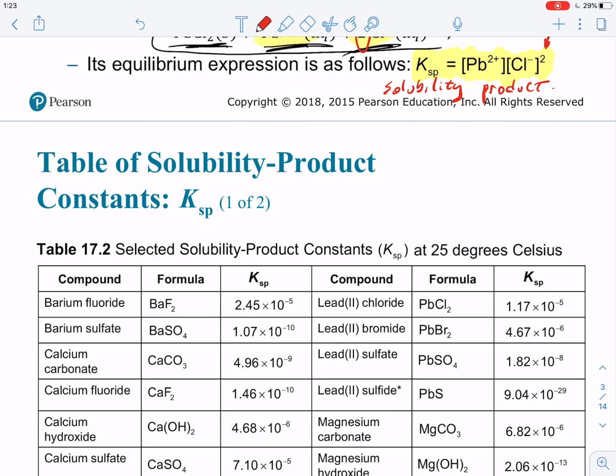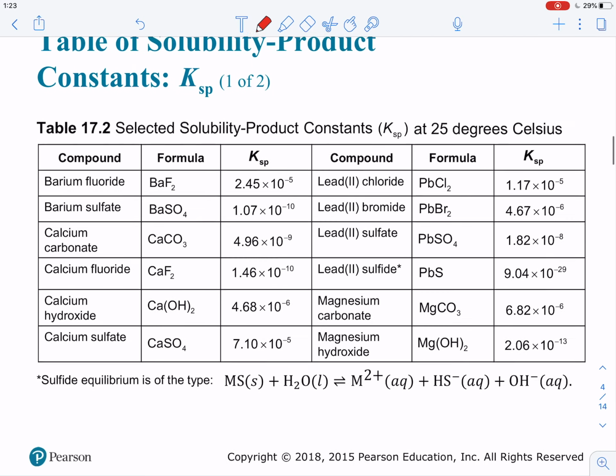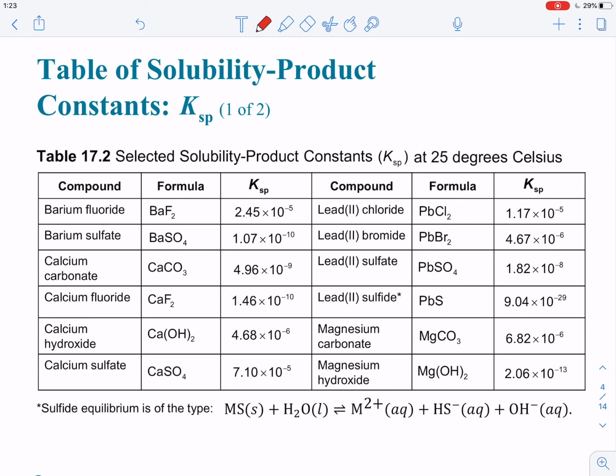But here, you don't have that power anymore, because you can compare these solubility products directly if the stoichiometry of the reaction is the same. Let's say, for example, if we compare barium fluoride with lead chloride with lead bromide, well, technically all of them are of the form MX2, that is going to give you M2+ and 2X-.